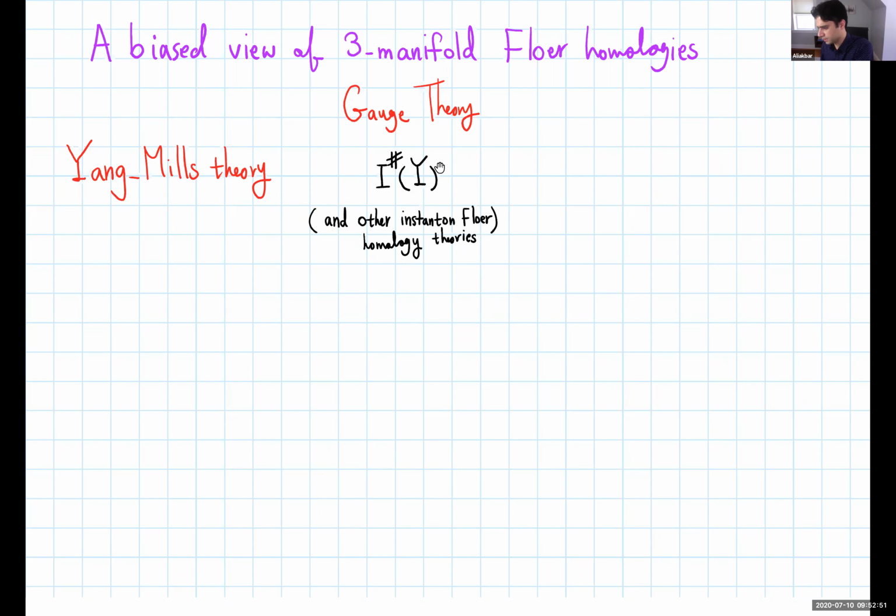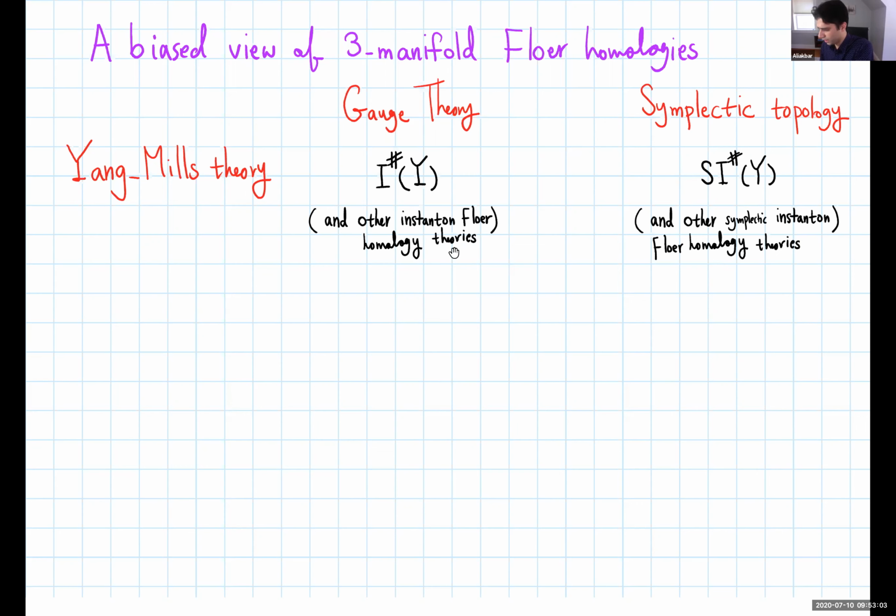So this is on the gauge theory side. On the symplectic side, you have this symplectic instanton Floer homology. Again, these other invariants here should have some counterpart here. I should say that there are a lot of invariants on both sides, gauge theory and symplectic geometry, that are not even defined.